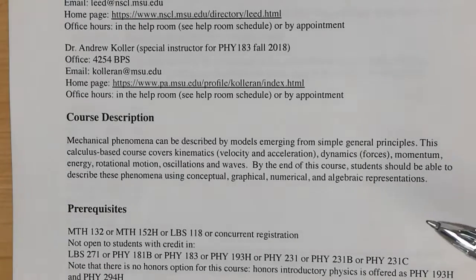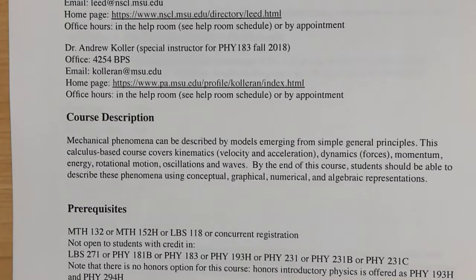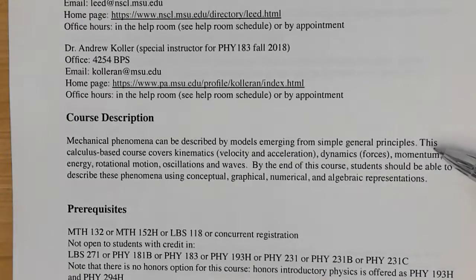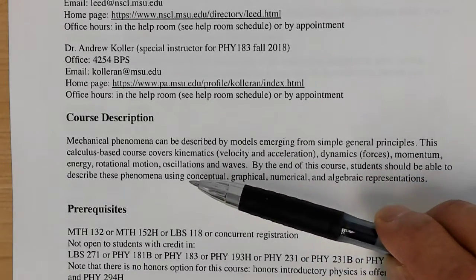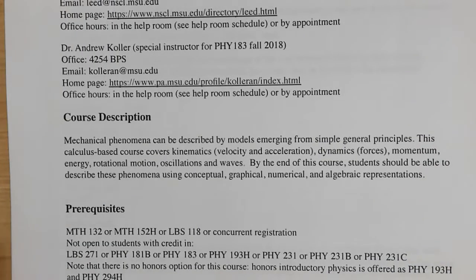So first of all, let's just mention what the course is about. It's about mechanics. Mechanics is about how things push each other, how they move. So we'll talk about things like velocity, acceleration, forces, momentum, energy, rotational motion, oscillations, and waves. These are very important concepts that will be used in a lot of applications.